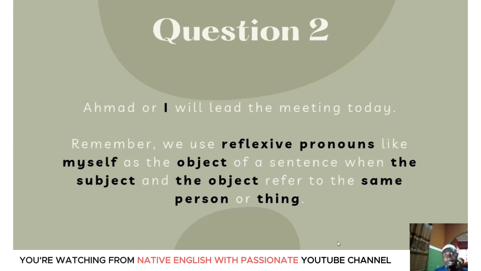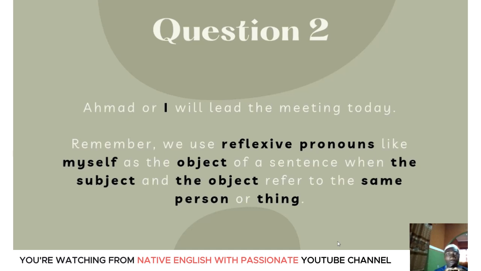So when you now talk about the types of pronouns, we have different types. We have the proper pronoun. We have, can you mention the type? Reflexive pronoun. We have the relative pronoun.